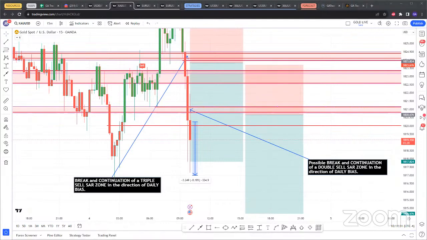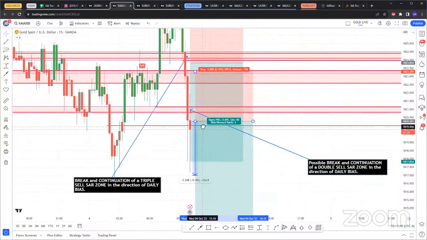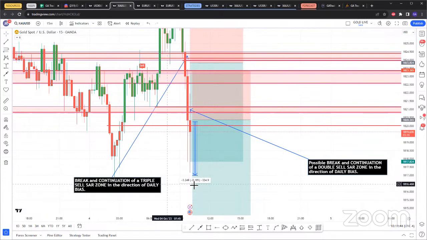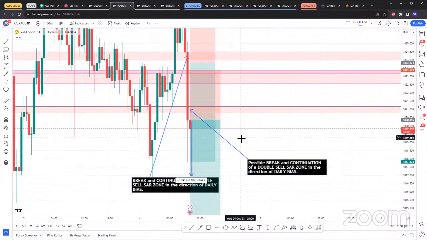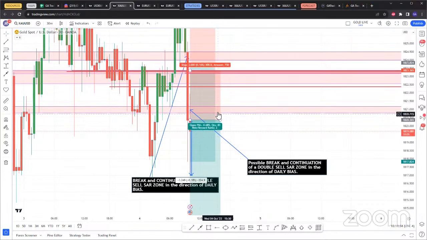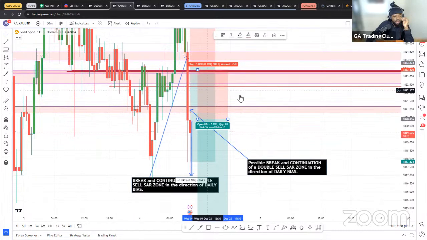On the 15-minute and the 30-minute, when you get an entry in one time frame, you won't get it on the other time frame. So if you got an entry on the 30-minute, you won't see it on the 15-minute. Yeah, you have to mark it up. I've been thinking of doing this, but I'm just trying to make my charts less colorful.